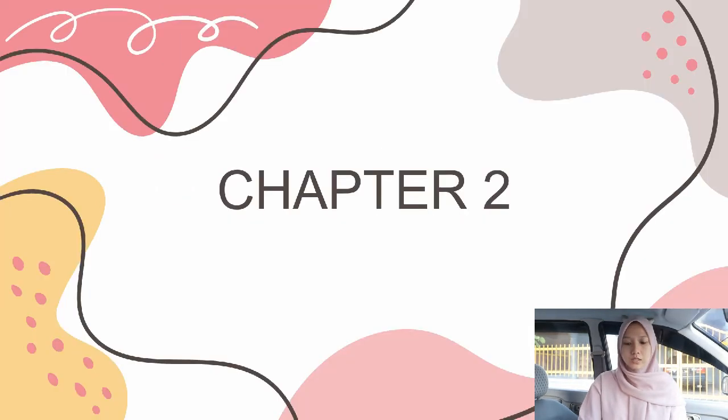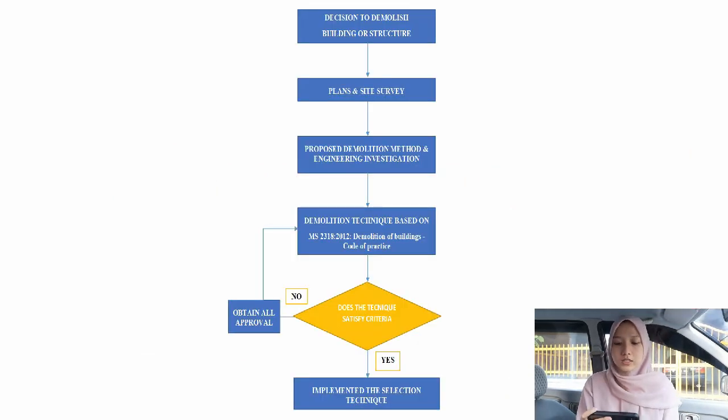For Chapter 2, this is the flowchart for Chapter 2. First, we need to have a decision to demolish buildings or the structure. Next is to plan and site the survey. And next, to propose demolition method and engineering investigation. Next is to apply the demolition technique based on MS 2318:2012 Demolition of Building Code of Practice.